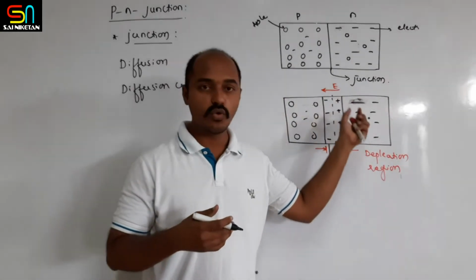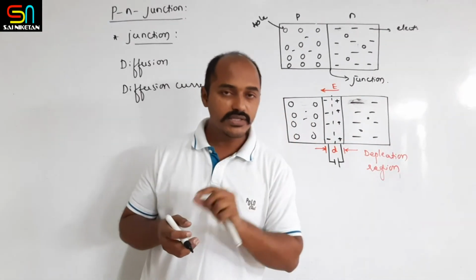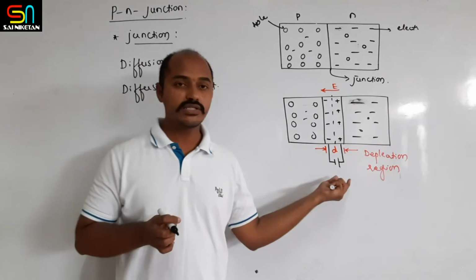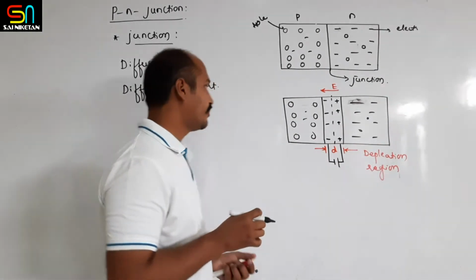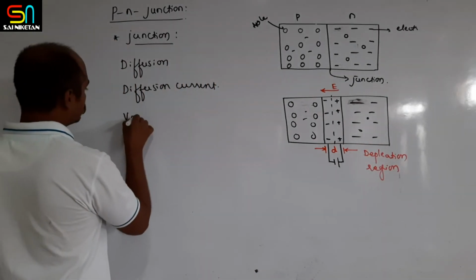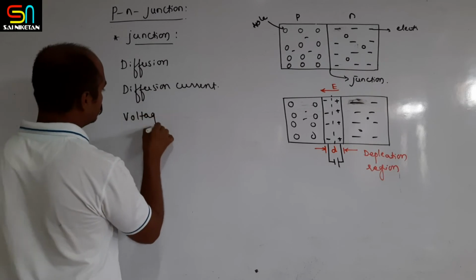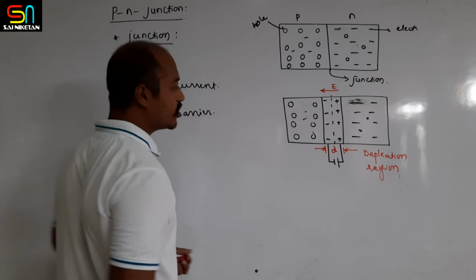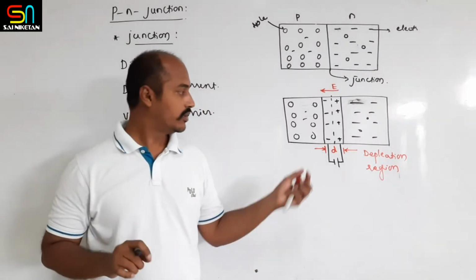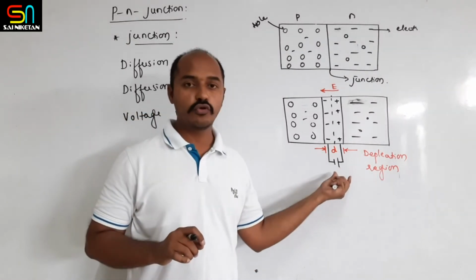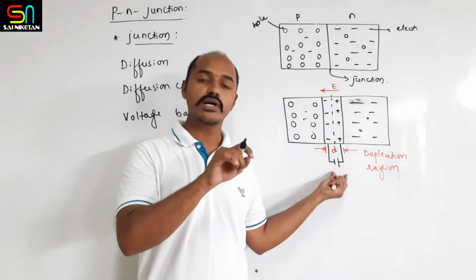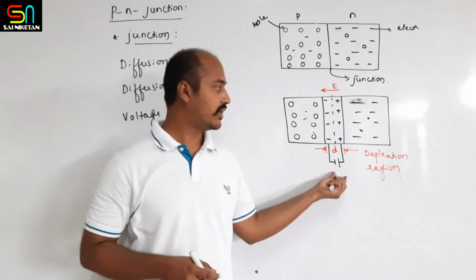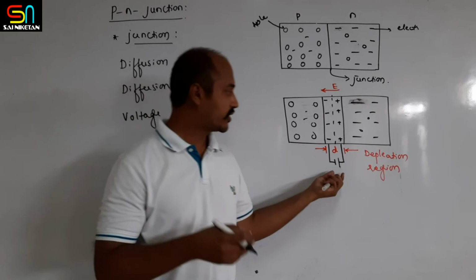This fictitious voltage is called the voltage barrier. This voltage barrier does not support the flow of current, but it opposes the convection flow of the current. We will see that in the next class, maybe in forthcoming classes.